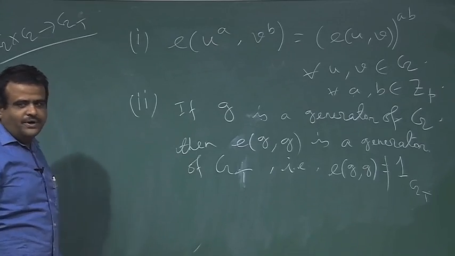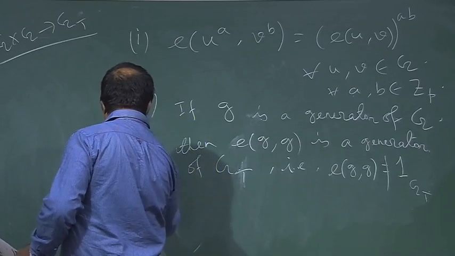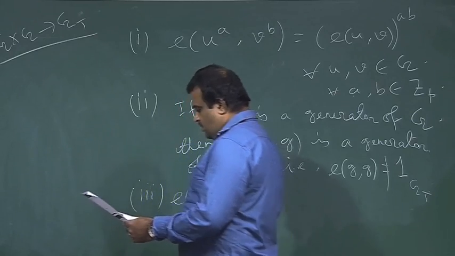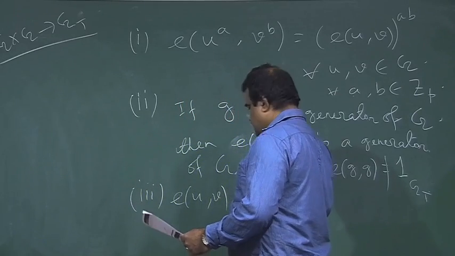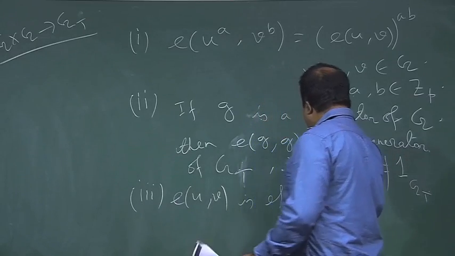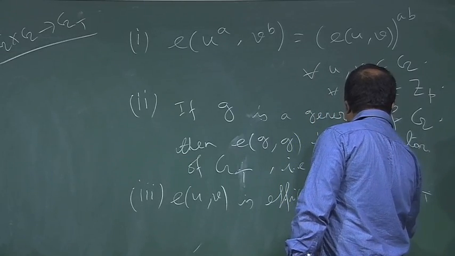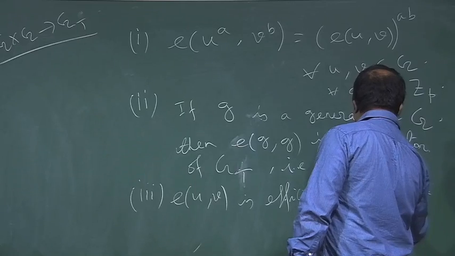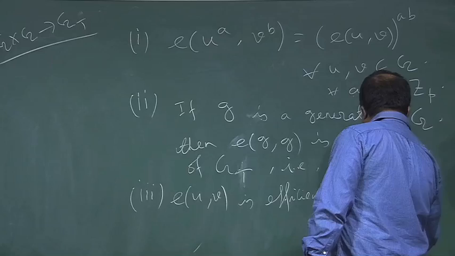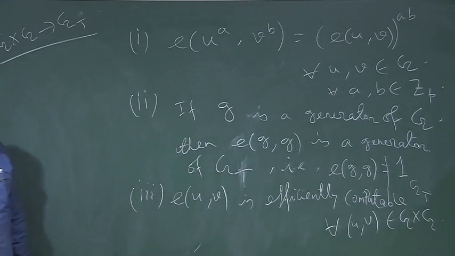Now the third property is that we should have some algorithm to compute E(u,v) efficiently for all u, v belonging to G cross G. Otherwise we would not be able to compute it.